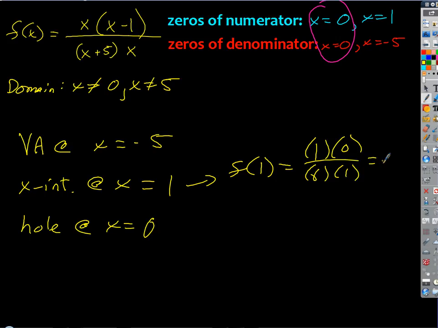Well, if I simplify that, 1 times 0 is 0, 1 times 6 is 6. So we get 0 divided by 6. Well, 0 divided by a number is what? Always 0. Yeah, we get an answer back of 0.